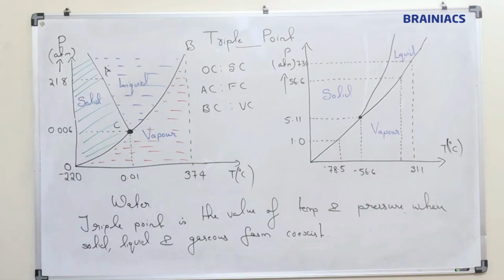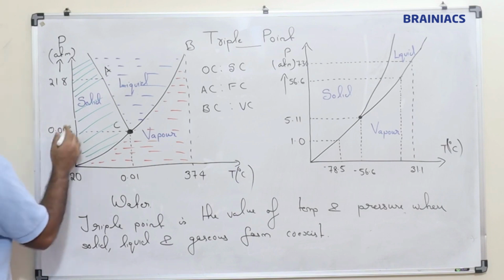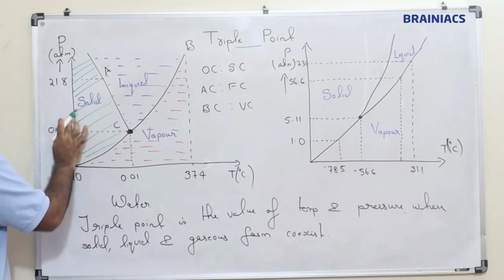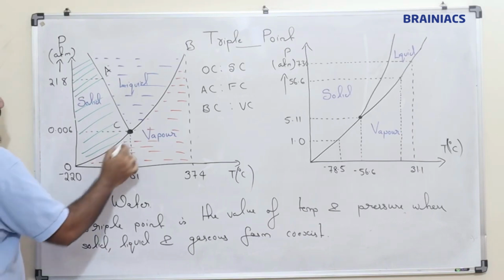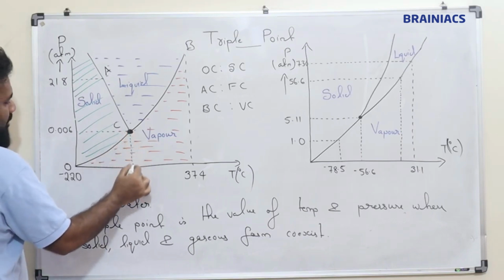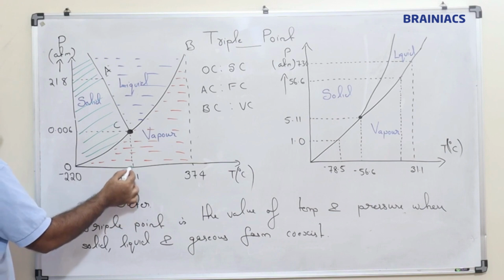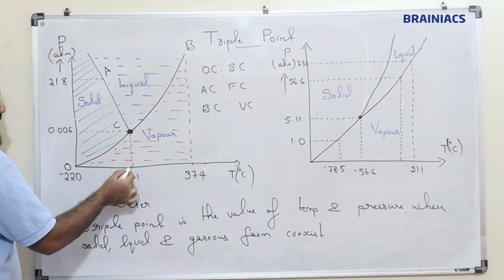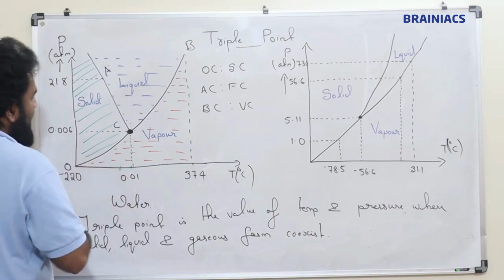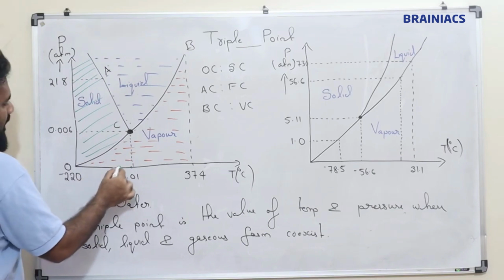Somewhere we can put 1 atmospheric pressure, above 0.006, somewhere here we can assume. Then minus 10 degrees Celsius, since this is 0.01, somewhere here is 0 degrees Celsius, so minus 10 degrees Celsius we can take somewhere here.